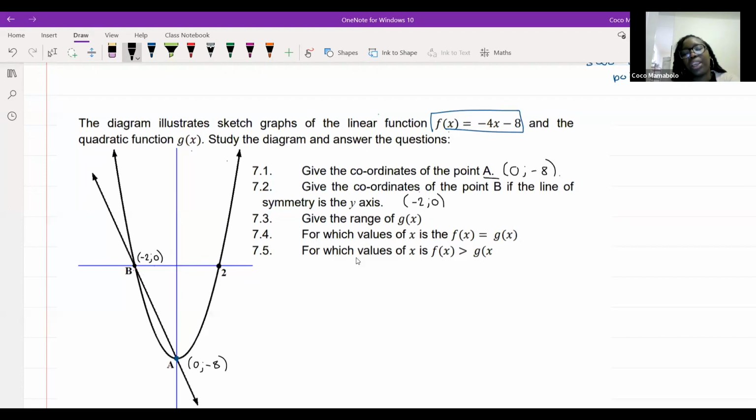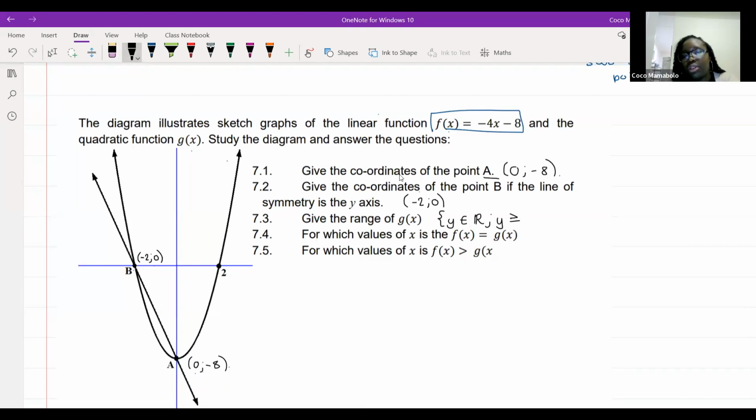And remember how we can talk about our range? We can say y is an element of real numbers, but y cannot be less than any of these numbers over here. So y has to be greater or equal to what?